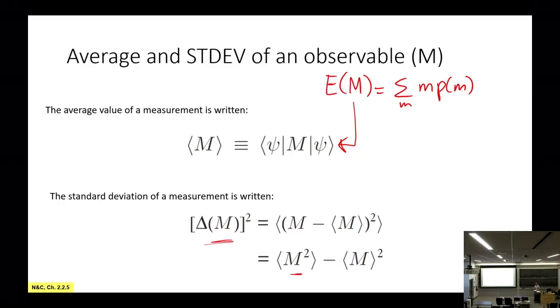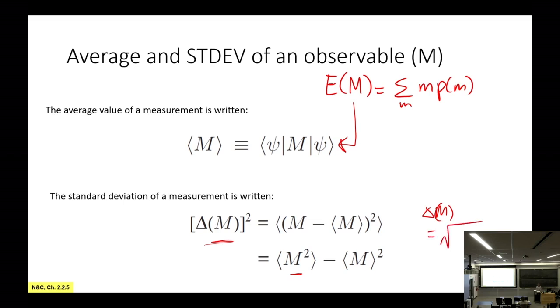And this standard deviation is a measure of the typical spread of the observed values when you make the measurement of M. So if we perform a large number of experiments in which the state is prepared and the observable M is measured, then the standard deviation delta M of the observed values is determined by the formula, well, just the square root of this.